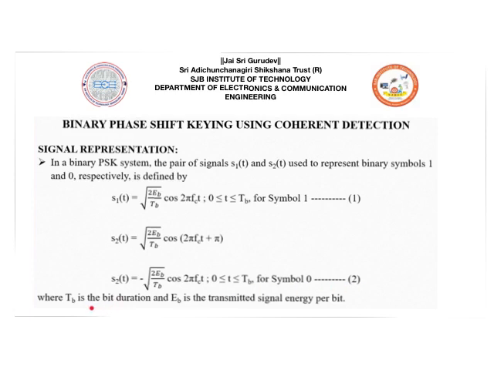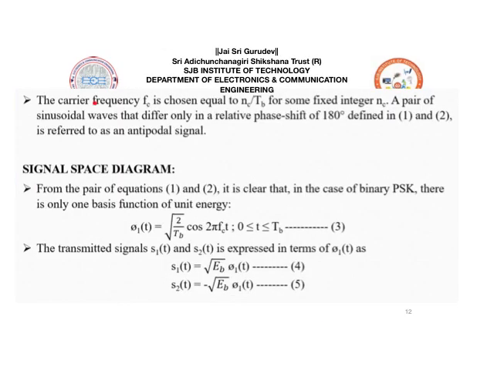As I mentioned, Tb is the bit duration or the symbol duration, and Eb is the transmitted signal energy per bit. In this expression, the carrier frequency fc is chosen equal to Nc by Tb for some fixed integer Nc.